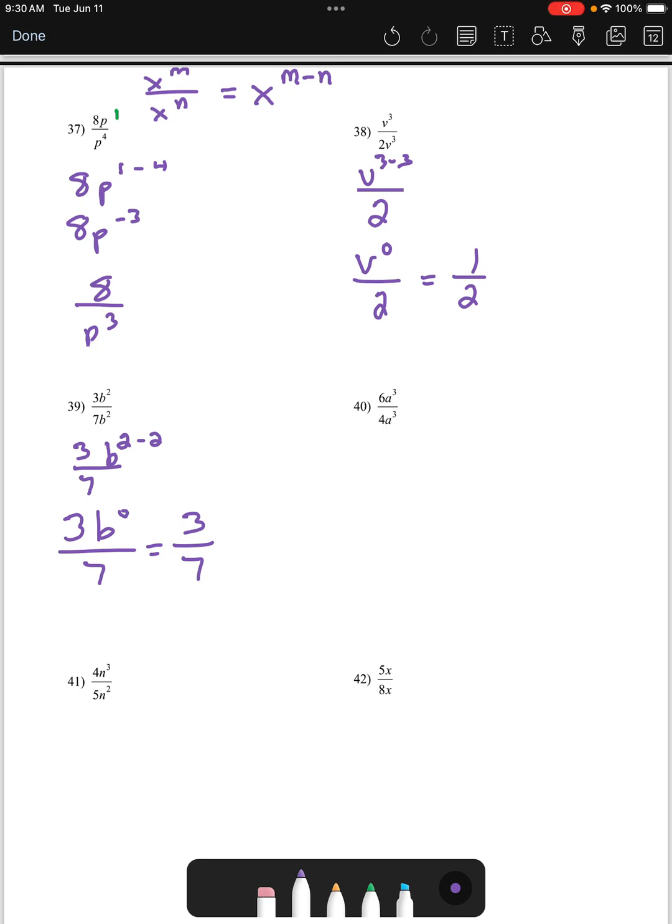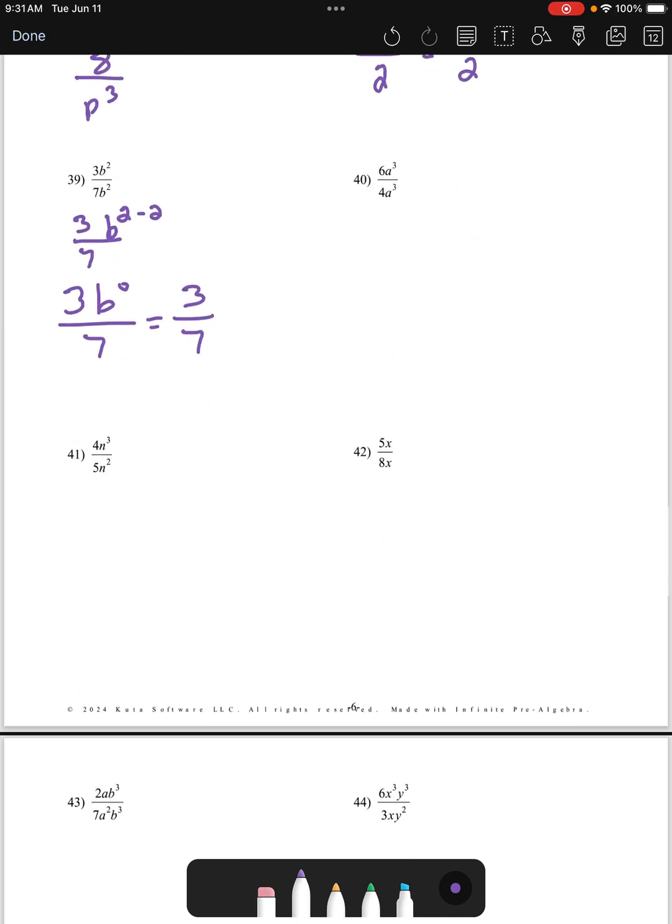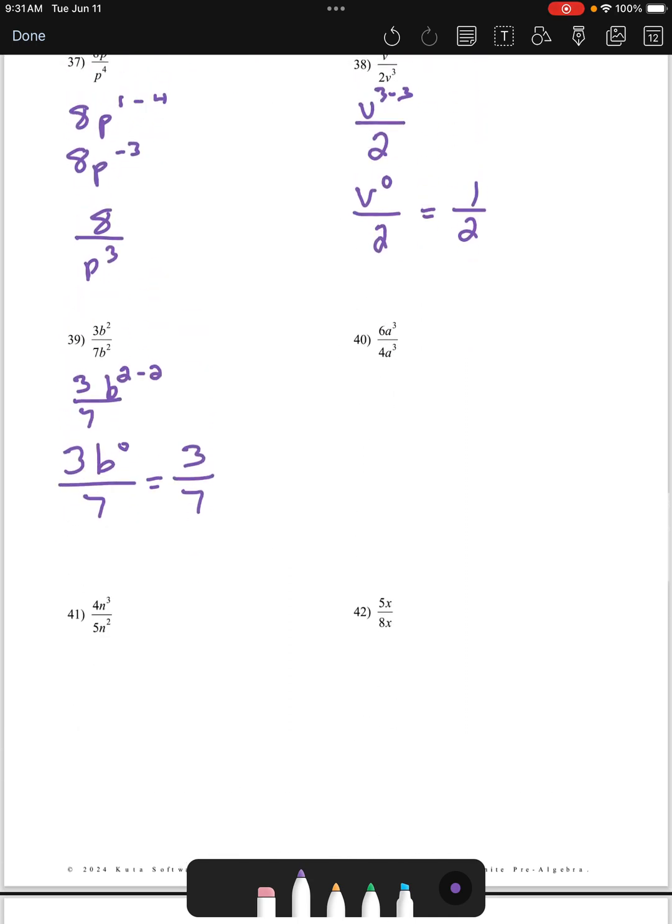But we know that b to the 0 is secretly just the number 1. So really, we have 3 times 1, which is 3 over 7. Another problem where our variable canceled completely. And if you look at 38 and 39, you'll notice that the exponents were identical in the numerator and denominator. And when that happens, you're going to lose your variable.